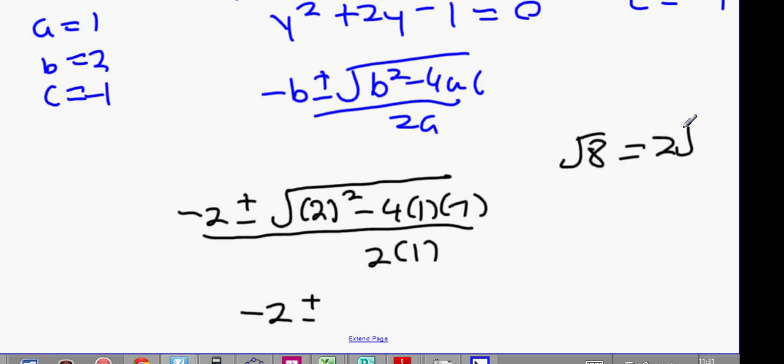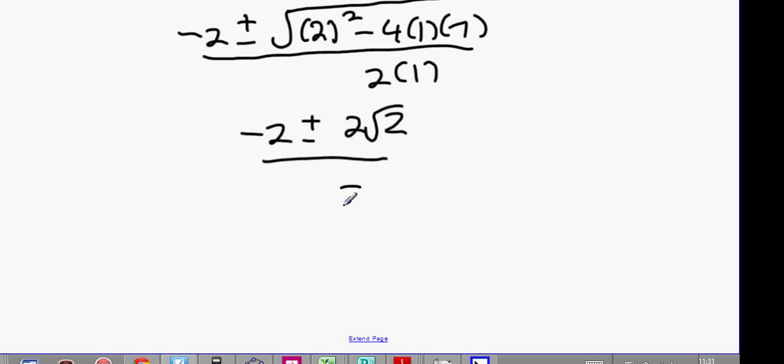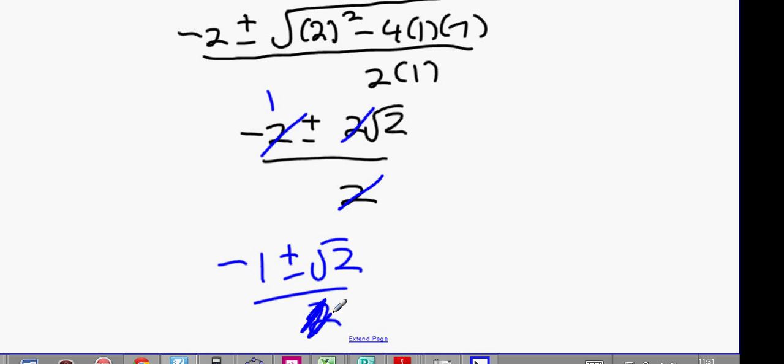Or in your calculator it should be 2 root 2. All divided by 2. Now look what happens when we divide it by 2. Minus 1 plus or minus root 2 over nothing. So the answer is y equals minus 1 minus root 2, or y equals minus 1 plus root 2.